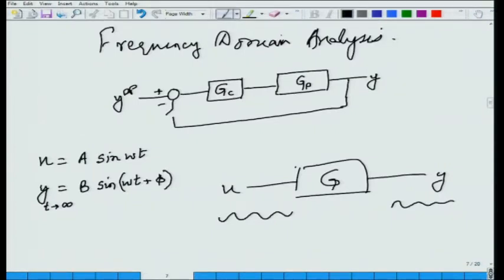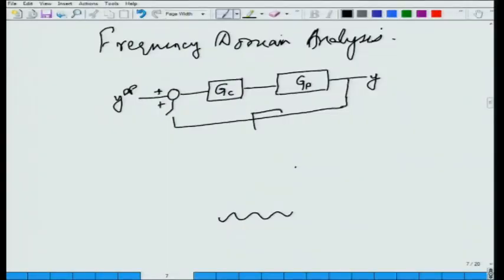Let us look at the feedback loop above, and let us say the feedback is not yet closed. By the way, this can also be represented with a multiplier of minus 1 here. This is the same feedback system, it is just that I am multiplying by minus 1.